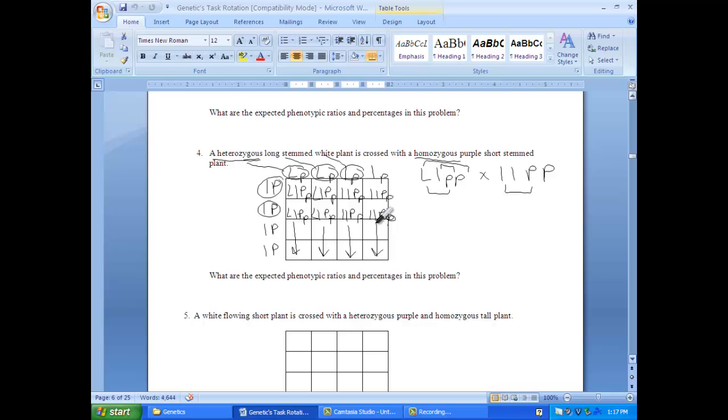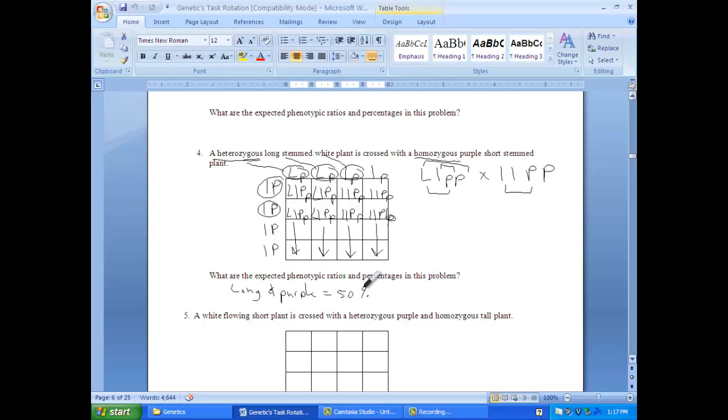Well, if we look here, big L, small l, big P, little p. What's that going to look like? It's going to be long and purple. So I can say long and purple. It's going to be 8 out of 16. So it's going to be 50%.